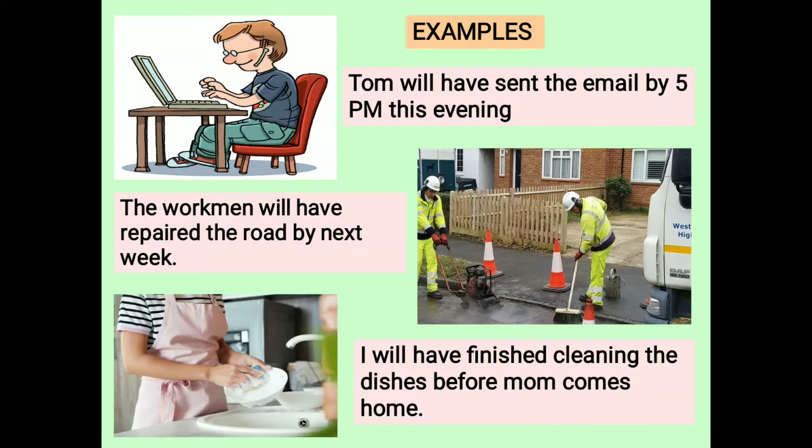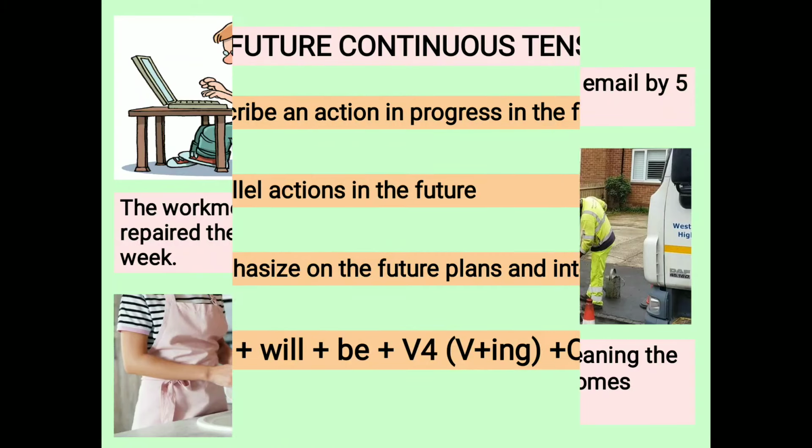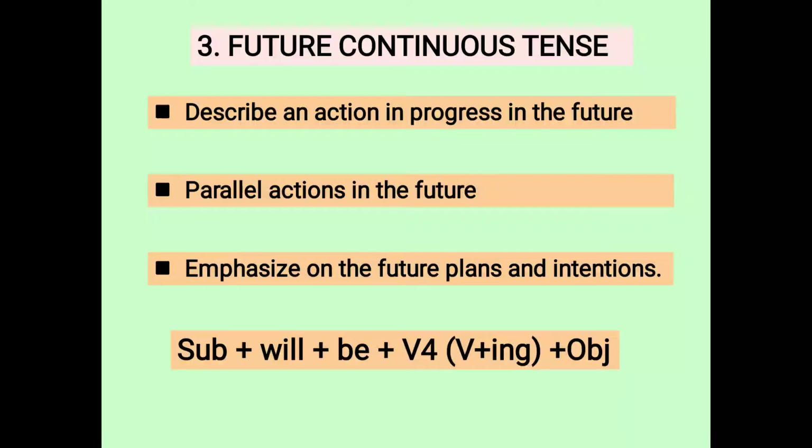Now let us have a look at the third form of future tense, that is future continuous. There are basically three important uses of future continuous tense. The first one is that it is used to describe an action in progress in the future.